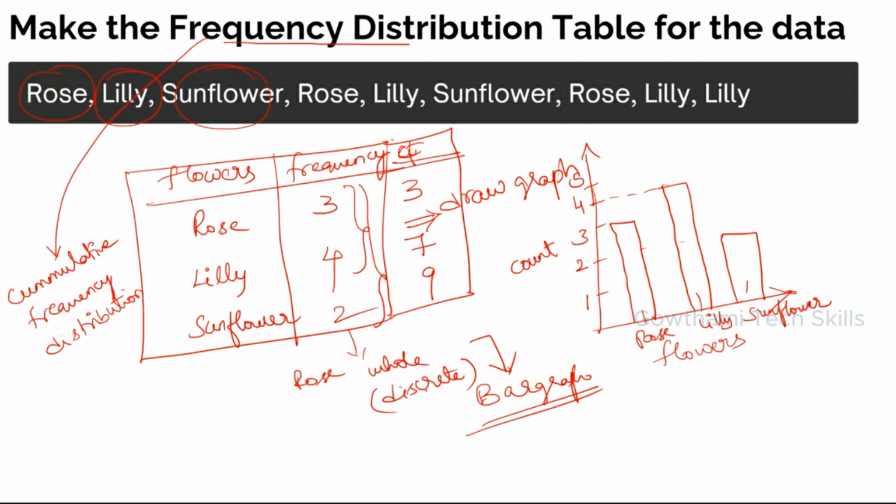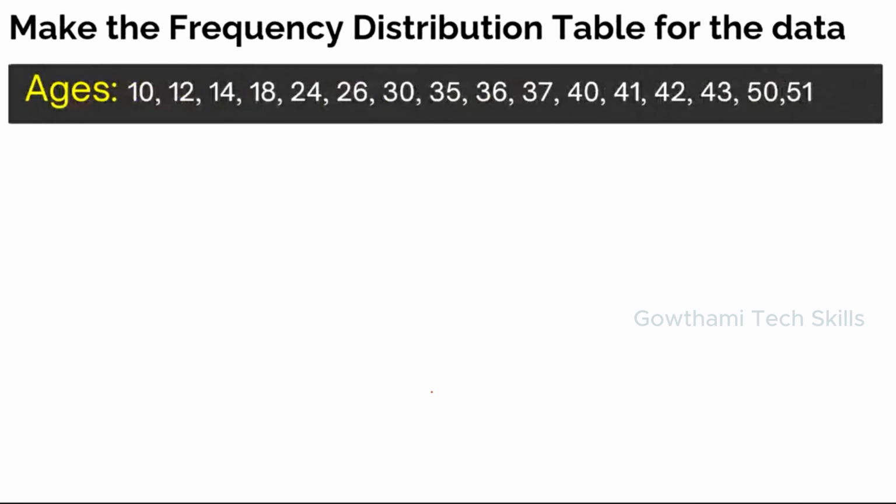Discrete data. Then you can plot the bar graph. This is one type of graph. Coming to one more type of graph, what you can draw here is the histogram. When should you choose the histogram? If you observe carefully, is there any repetition in the data? No.